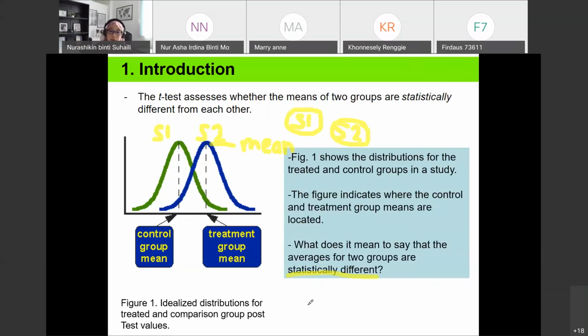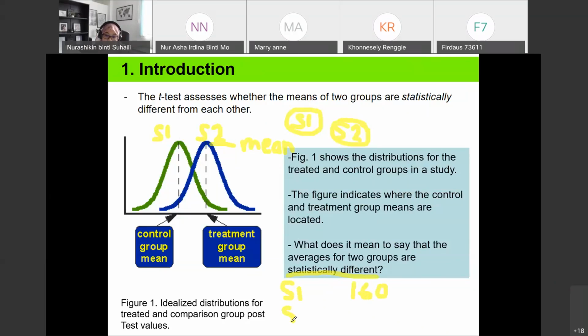Right. Let's say just now we're talking about S1 and S2. Okay, the mean of the height, the mean of S1. Let's say the average height of the students in S1 is 160 cm, okay?